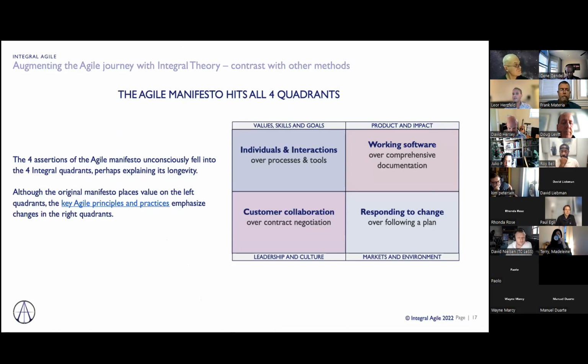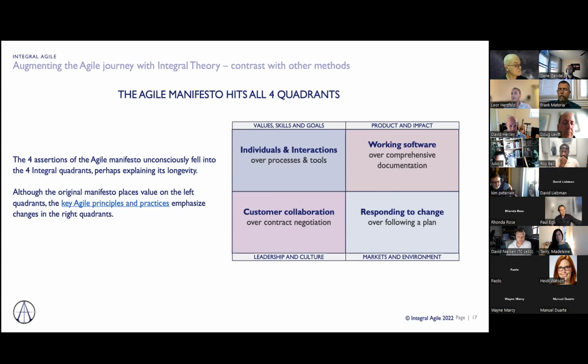So given that integral theory is using the totality of human knowledge and these models represent that, it's our belief that the reason why Agile has outlasted everything that's ever come before it is that it speaks to us in a very human way.